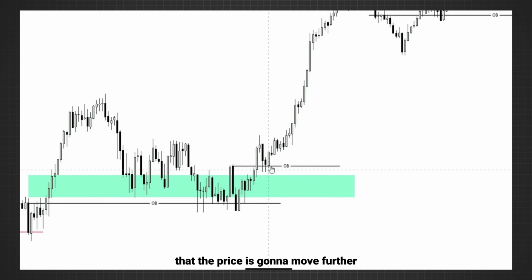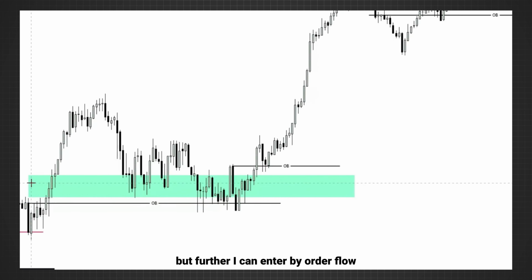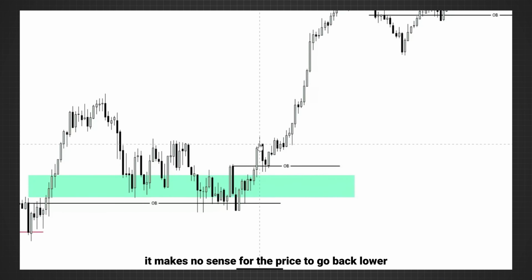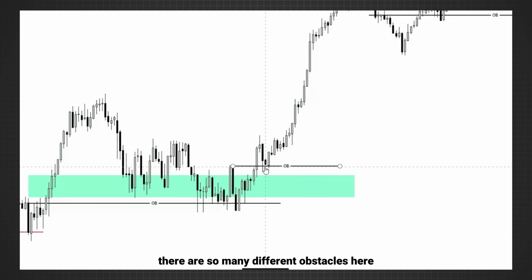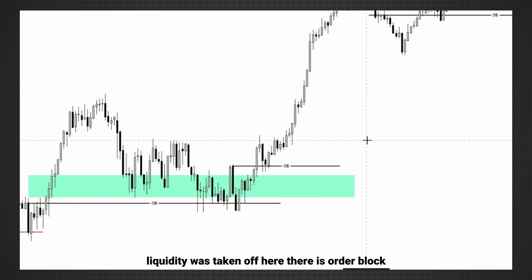To the liquidity that we noted. We'll come back to it now. And in all of this, I see an order block right here. I can basically enter here with a stop loss. It will not be the best deal, but further, I can enter by order flow because I understand that it makes no sense for the price to go back lower. There are so many different obstacles here: the order block, the gap was closed, liquidity was taken off here.